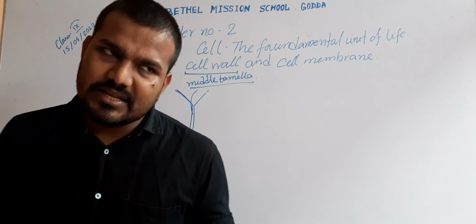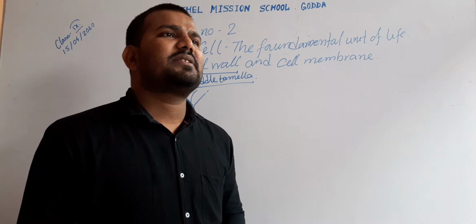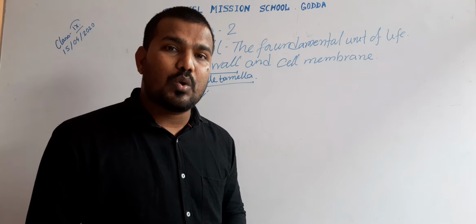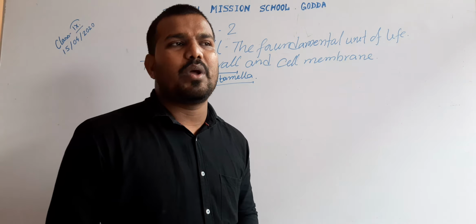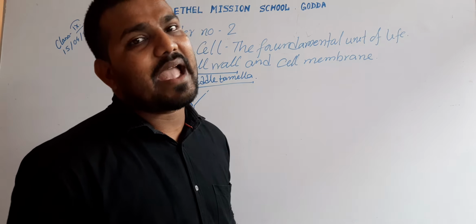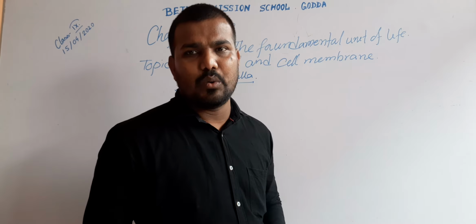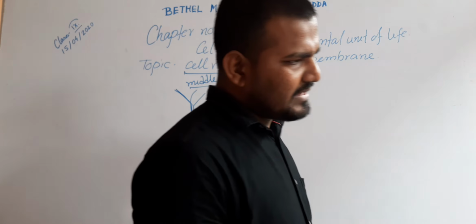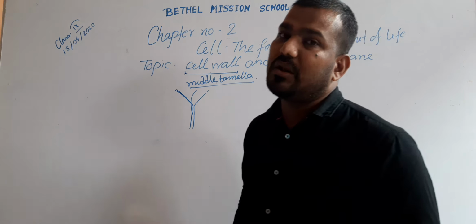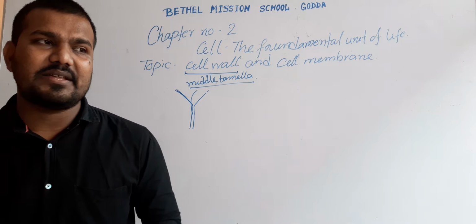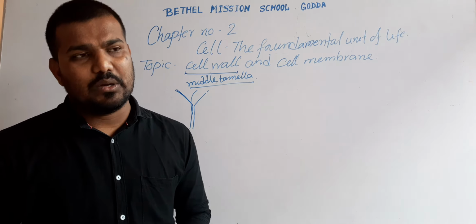So due to the apposition process, the cell wall starts storing different types of materials and forms a new layer that is known as the secondary cell wall. And the third one is maybe the tertiary cell wall. If the cell wall contains xylan, then it is termed as a tertiary cell wall.